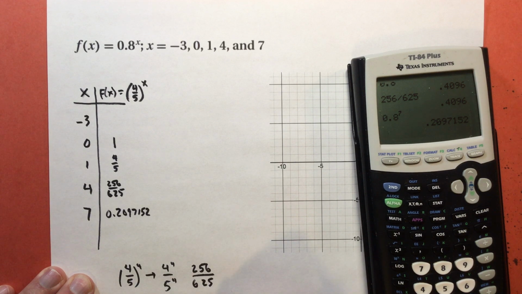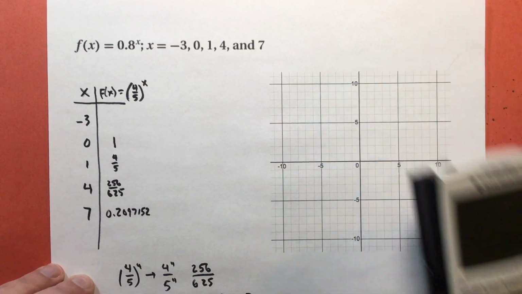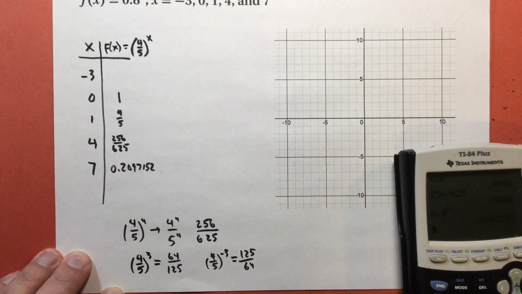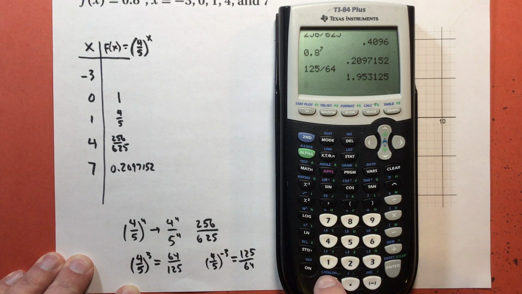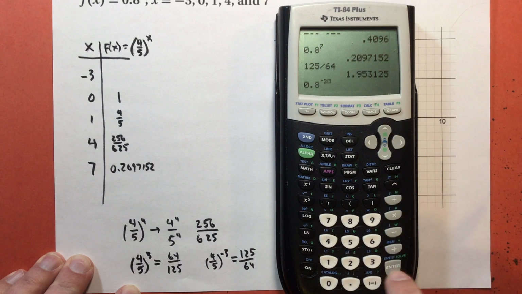So 4 over 5 to the negative 3rd power, I switch these. It's a reciprocal, 125 over 64. You didn't see any of that because I didn't move my paper up high enough. So 125 divided by 64, I can also do 0.8 to the negative 3 power, and I get the same thing.